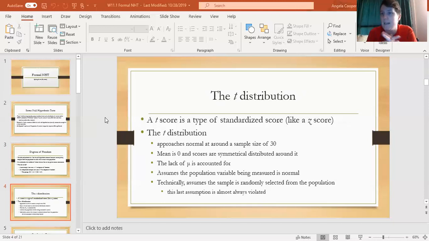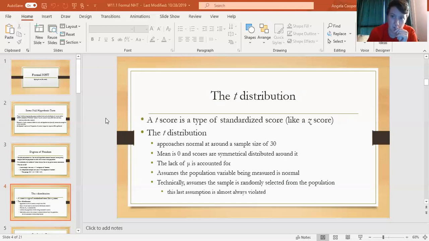And another thing that t distributions tend to assume is that the sample that we have is randomly selected from a population, which we never really have true random sampling. Again, for your projects, you all have convenience sampling. You're posting your surveys on social media and your friends and family are taking them.